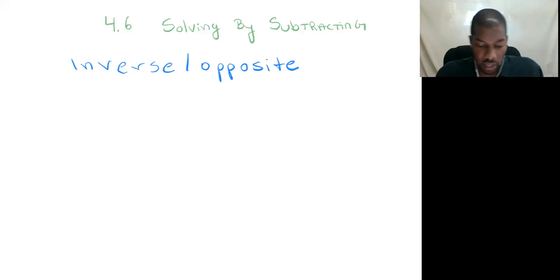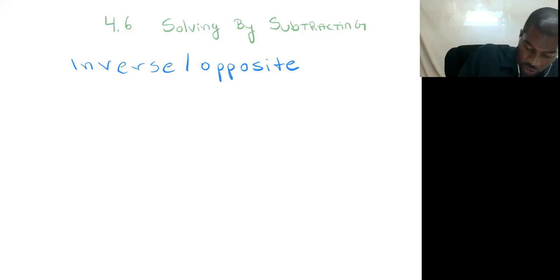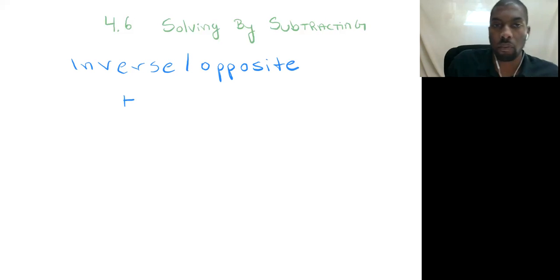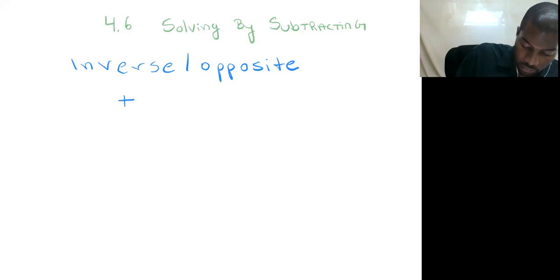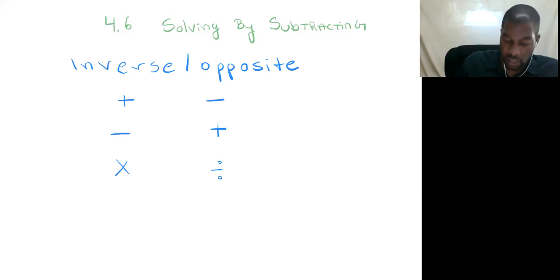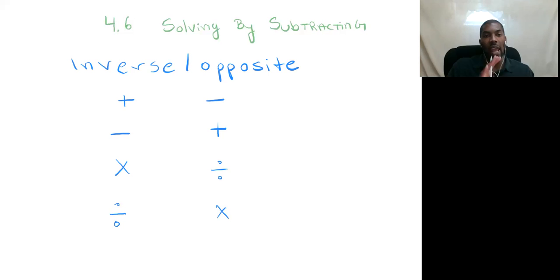So if you had an operation like, let's say, addition, the inverse or the opposite would be subtraction. Subtraction's inverse is addition. The inverse of multiplication is division. And the inverse of division is multiplication, right? That's how you cancel things out in algebra.